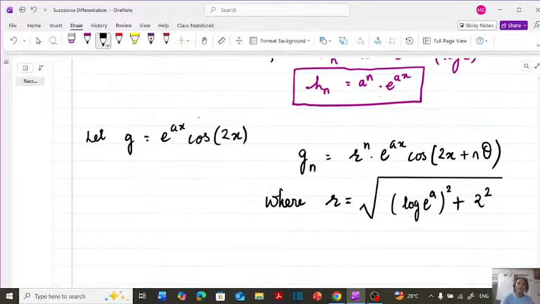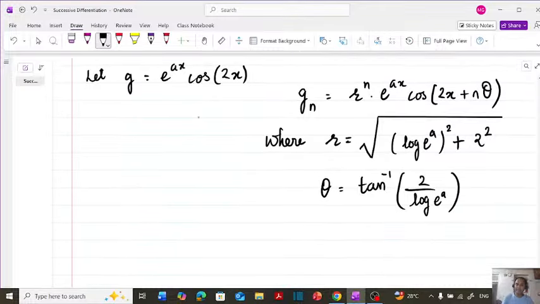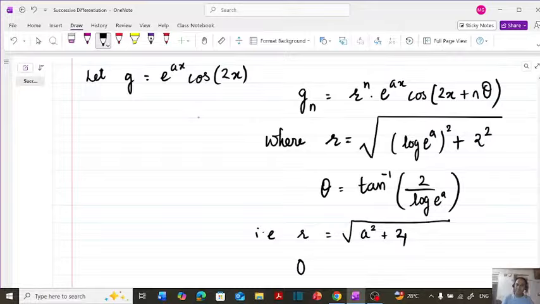And theta is going to be tan inverse of 2 over log e to the power a. So now when you simplify it, r is going to be how much? It is going to be square root of a square plus 4, and theta is going to be tan inverse of 2 over a.